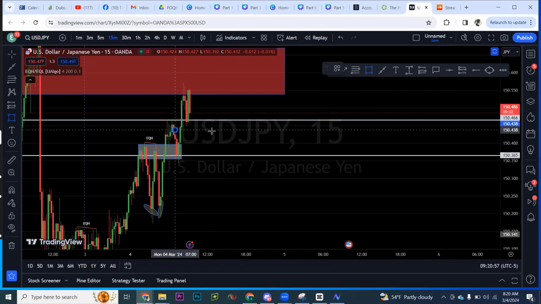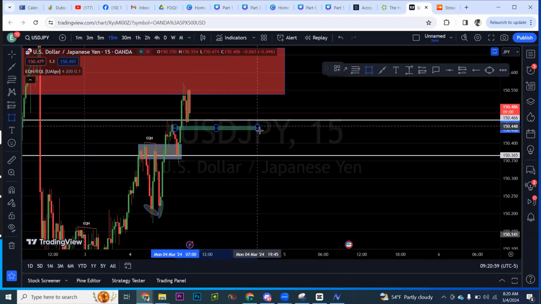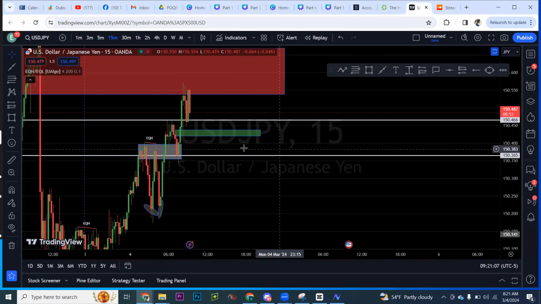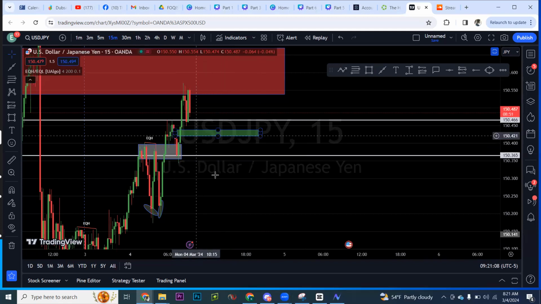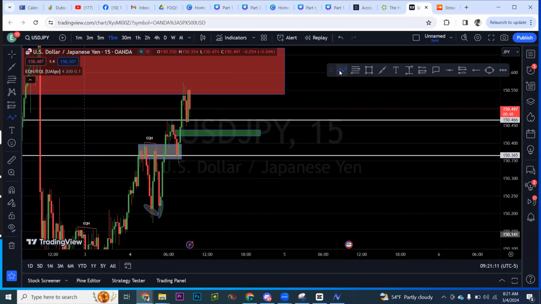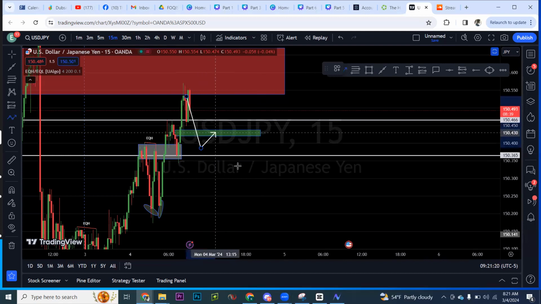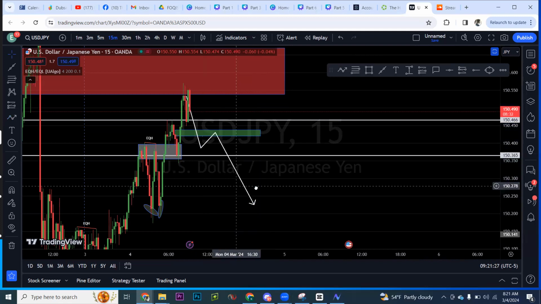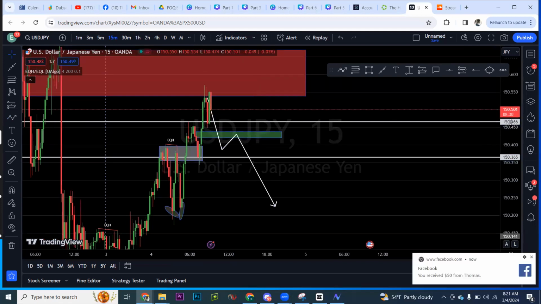I feel like it's gonna get broken through, and it's gonna do an inverse imbalance. So right here, I feel price will break through this. Wait, let me just draw it. Breakthrough. Come back to it. Continue with the continuation. This is what I see happening. That's what I want to happen.